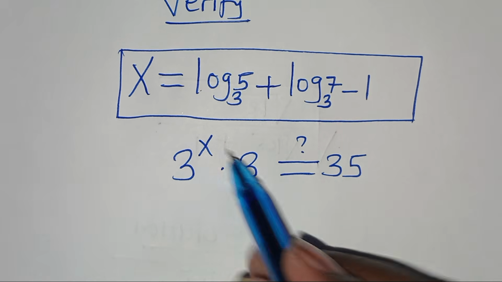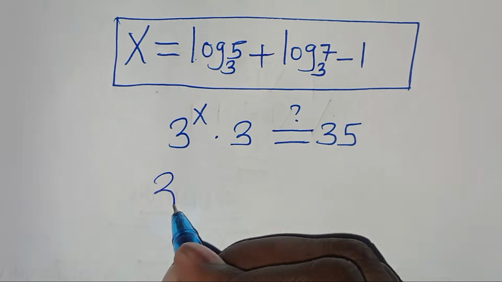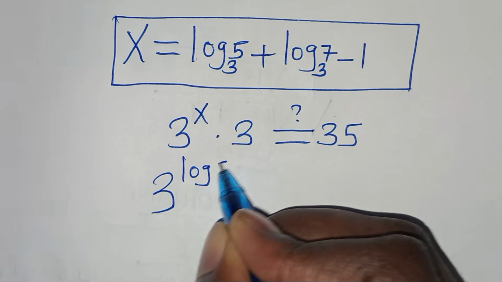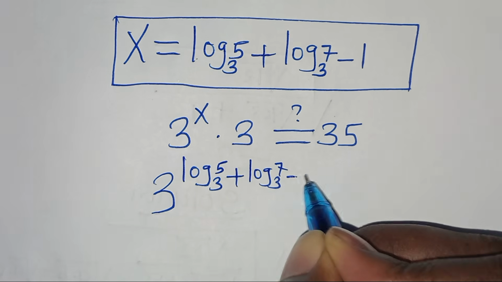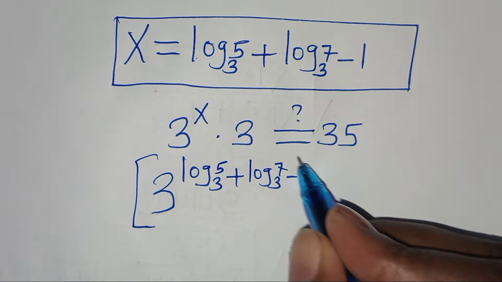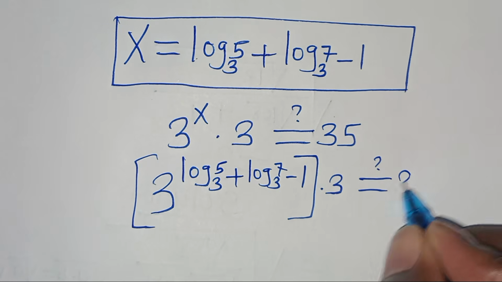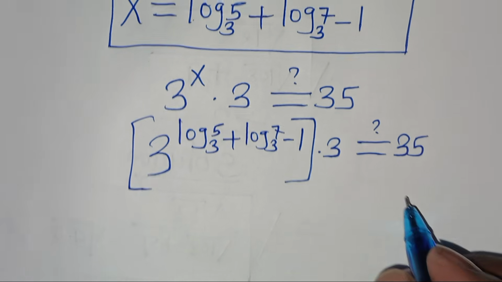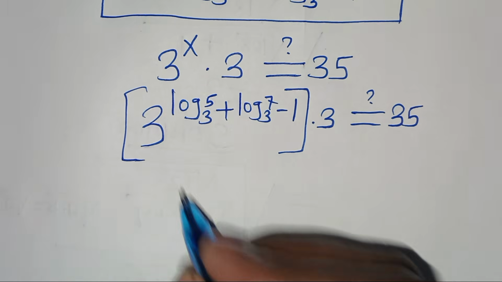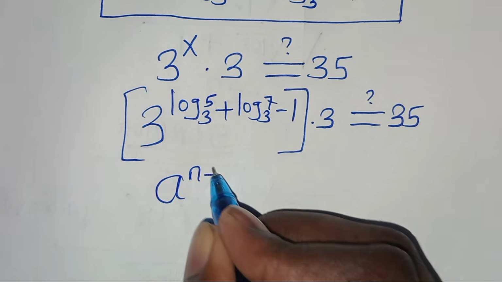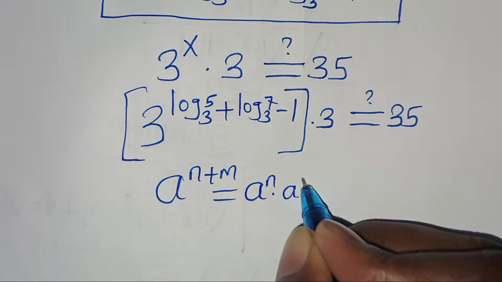Now let's substitute x, which is log 5 to base 3 plus log 7 to base 3 minus 1. So this is 3 to the power of log 5 to base 3 plus log 7 to base 3 subtract 1, everything here multiplied by 3. This is supposed to give us a value of 35. Now 3 to the power of log 5 to base 3 plus log 7 to base 3 minus 1 is in the form of a to the power of n plus m, which can be expressed as a to the power of n times a to the power of m.